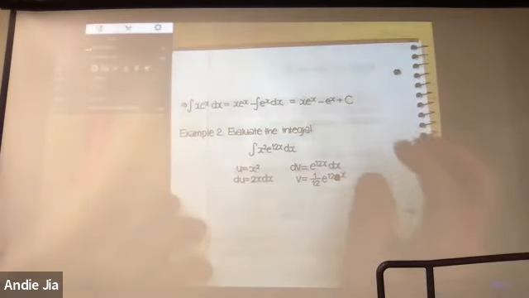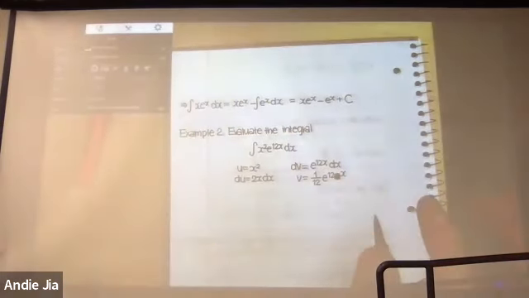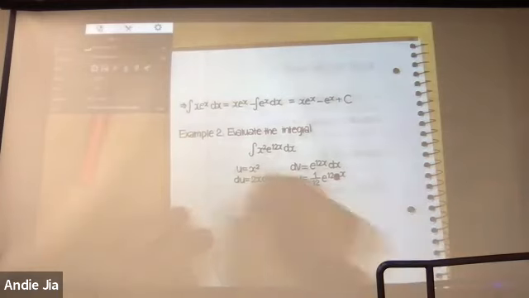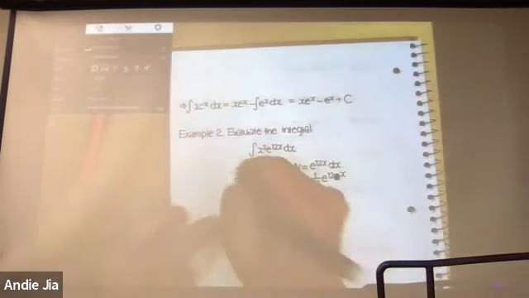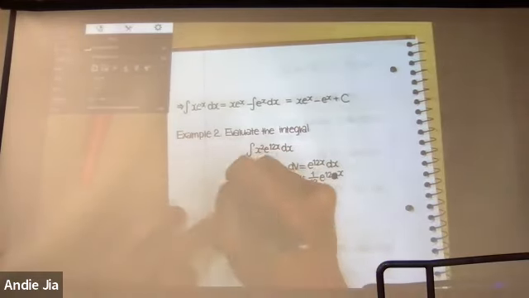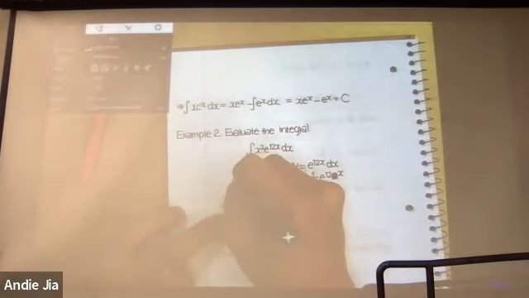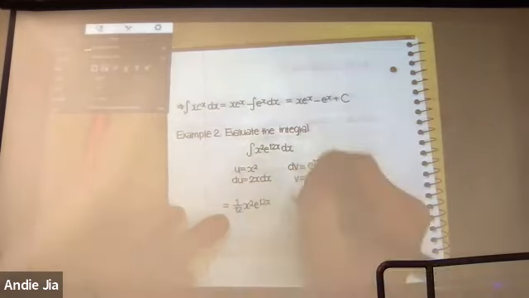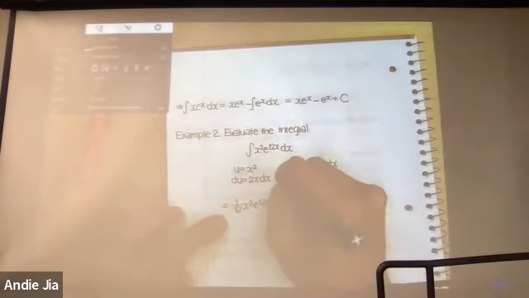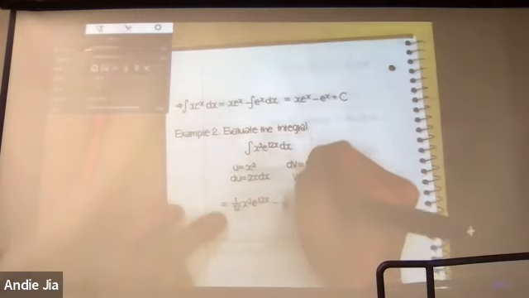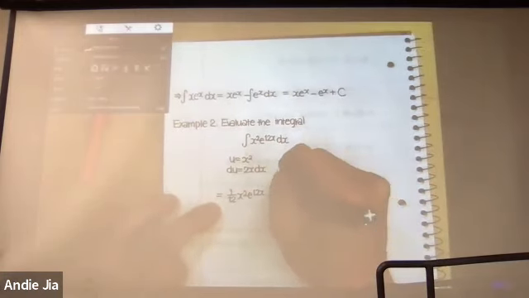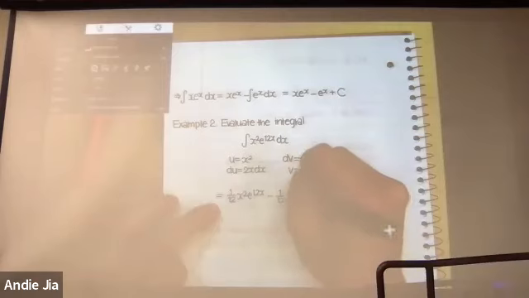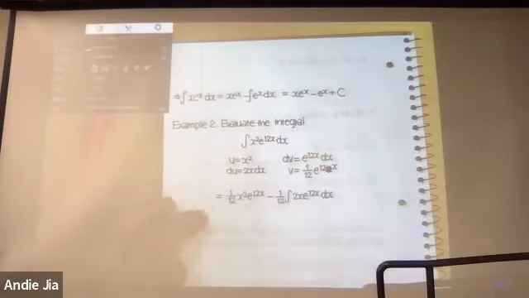And because of uv minus 1/12 times the integral of 2x e^(12x) dx, we need another kind of u substitution here.